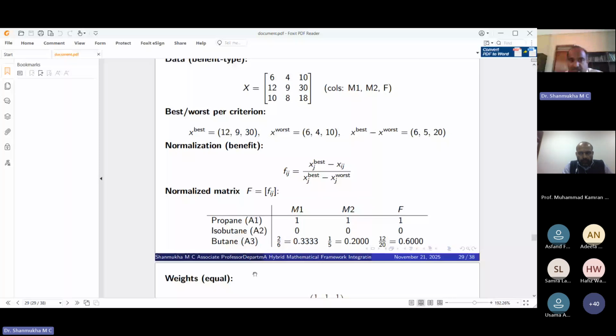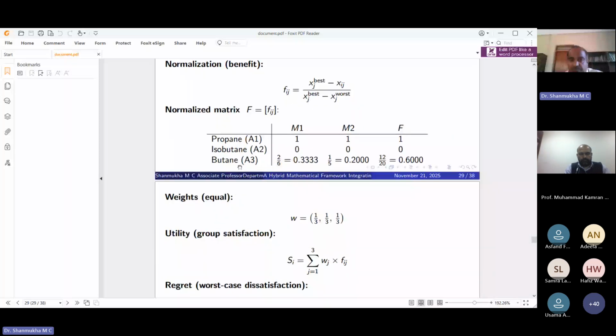Next Xj best is 9, 9 minus 8 is 1, 1 upon the difference 5, so 1 upon 5. In a similar manner, 30 minus 18 is 12, 12 upon the difference 20. So the normalized matrix values of the butane structure are 2 upon 6, 1 upon 5, 12 upon 20.